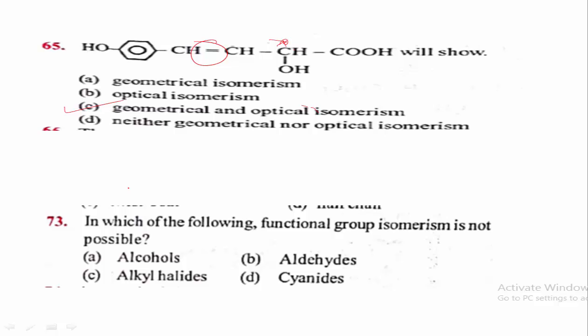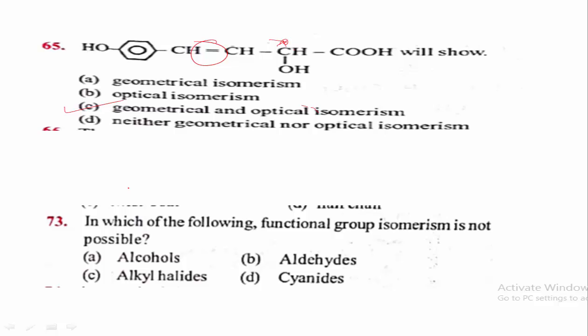Yes, it is one of the theoretical questions. You remember this point. In which of the following functional groups is isomerism not possible? Before going to the options, first you remember one point related to this question. Students, in alkyl halides, functional group isomerism is not possible.